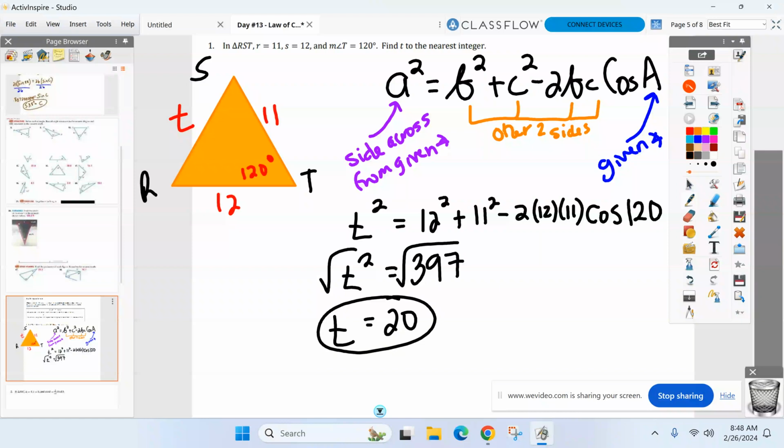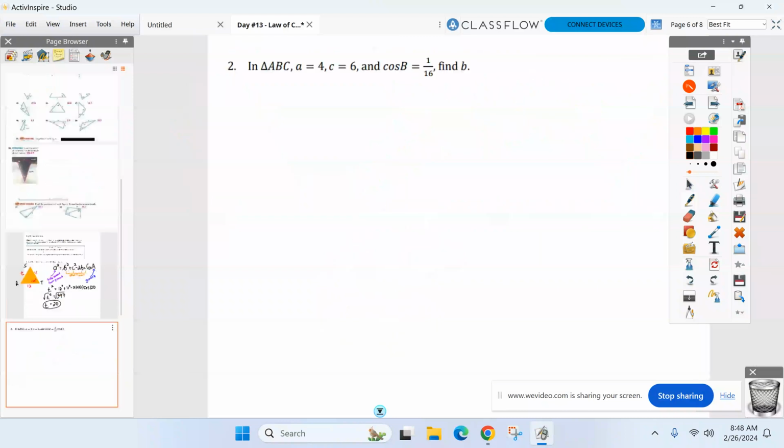So hey, law of sines didn't work, and now we have something else. Anything right there? All right, let's keep going. One doesn't make you great. Go ahead, set up the second one. We have a little change here, you'll notice.